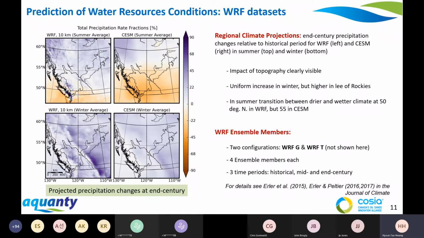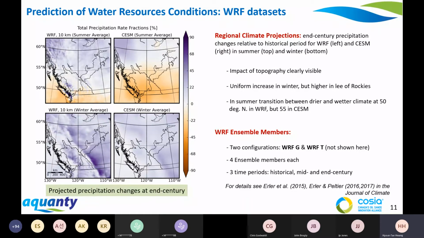However, there is a clear difference between high resolution and low resolution. As you can see on the bottom left figure, there is a clear delineation of rain shadow around the Rocky Mountains. However, the CESM is kind of blurry in the rain shadow. And we can look at the significant difference between the global scale and the high resolution WRF dataset.